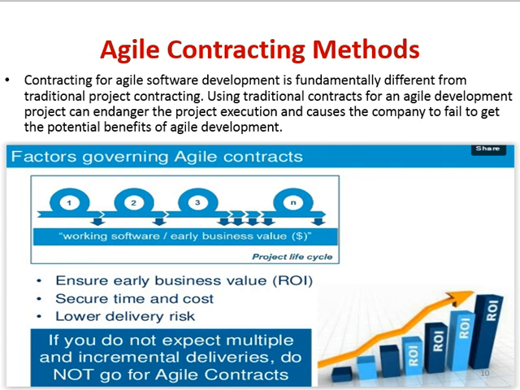A quick look at the factors governing agile contracts: ensure early business value, that is the ROI, return on investment, then secure time and cost, and lower delivery risk. If you do not expect multiple and incremental deliveries, I don't recommend going for the agile contract. Stick to your traditional approach. Although you won't find many questions related to agile contracting methods in your examination, you should definitely be aware of them so as to implement agile methodologies in your day-to-day work.